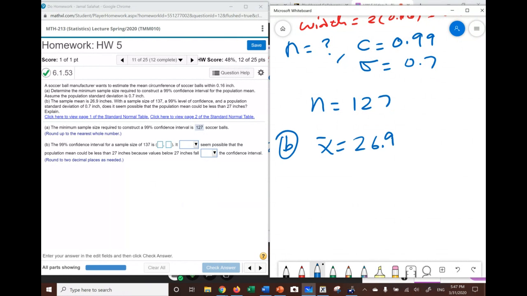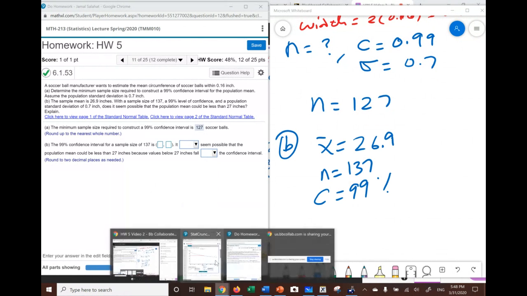So they went and sampled a total of 137 soccer balls, and they tested them, and they found that the mean circumference is 26.9 inches. And they want us to build a 99% confidence interval. Now, let's build the interval, then later on we're going to finish answering the problem.